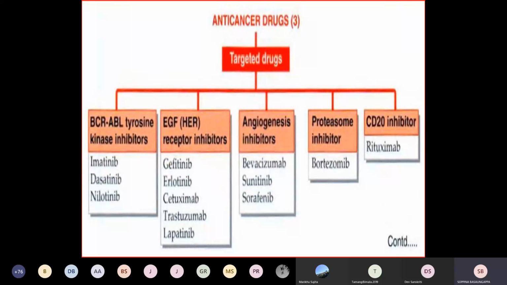Now coming to targets. BCR-ABL tyrosine kinase inhibitors: imatinib, dasatinib. Then EGF or HER receptor inhibitors: gefitinib, etc. Angiogenesis inhibitors: sunitinib, etc. Proteasome inhibitors: bortezomib. CD20 inhibitor: rituximab.